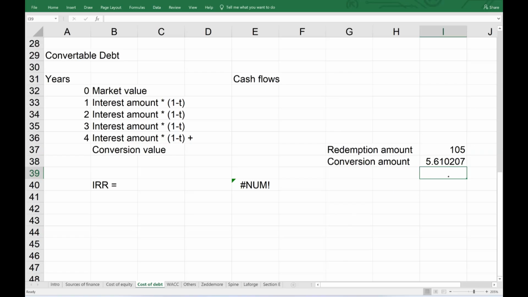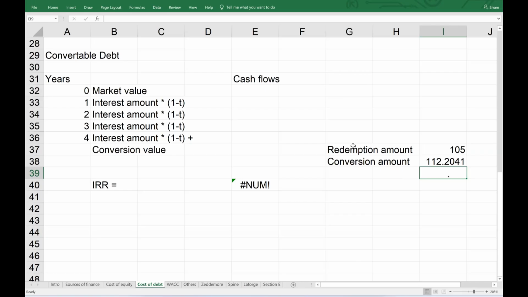How much is it expected? 5.61. But how many shares are they going to get? 20. So multiply by 20. So that means if the bondholder decided to convert this bond into 20 shares, how much worth will they get? 112. So what will they prefer? Definitely they will prefer to convert this.